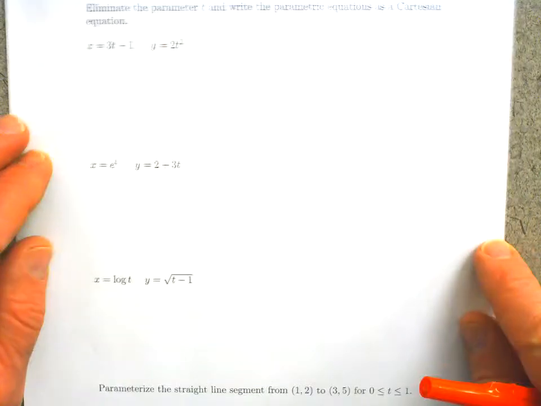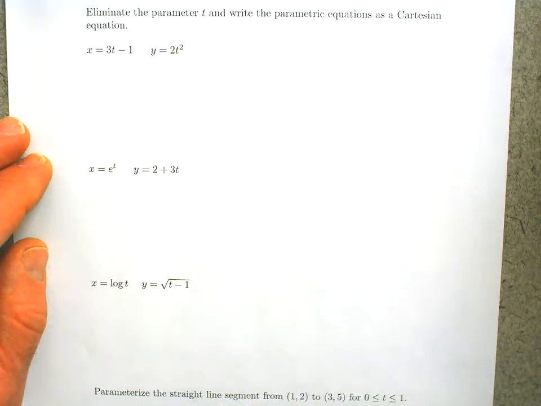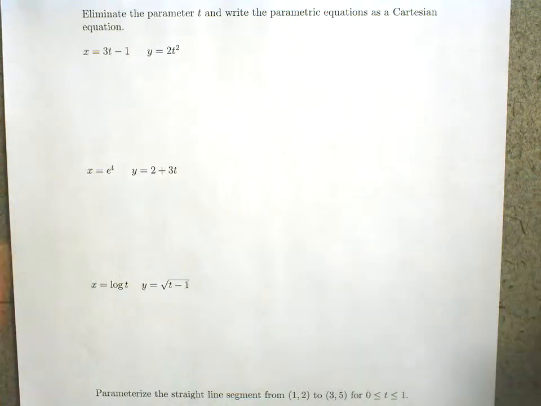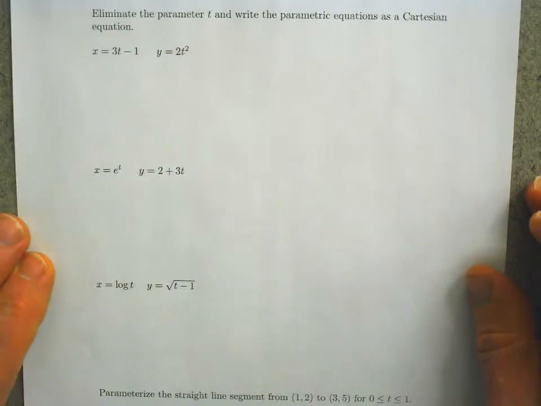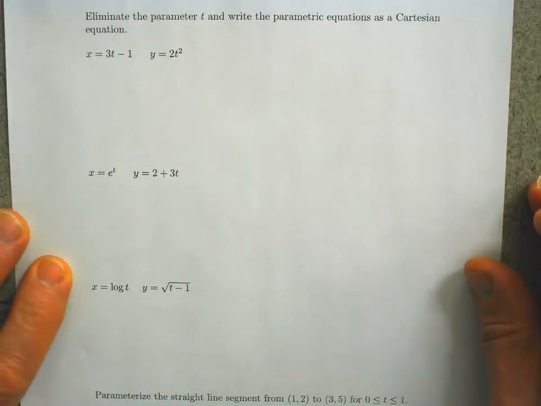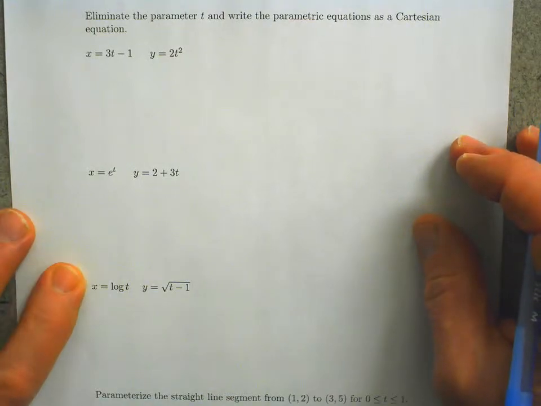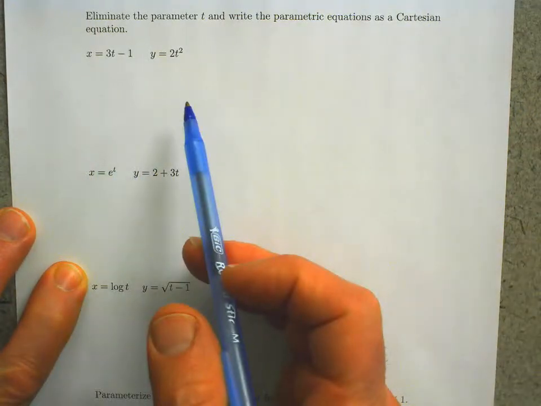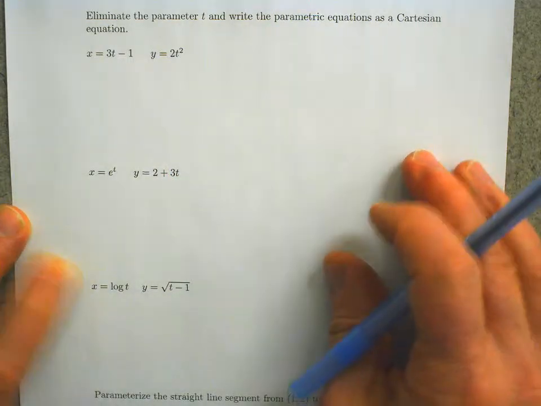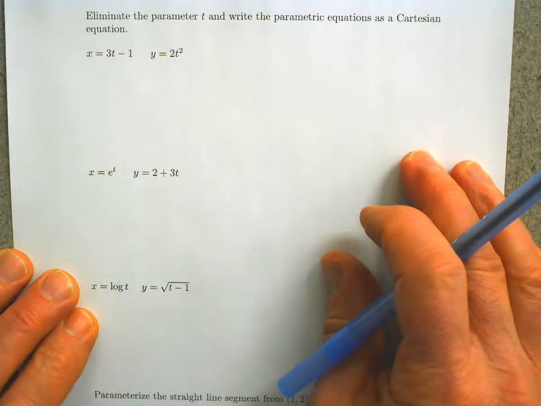Okay, we'll do some exercises where we eliminate the parameter t and write the parametric equations as a Cartesian equation. So if it's not too hard, I'll get rid of the parameter in more than one way.